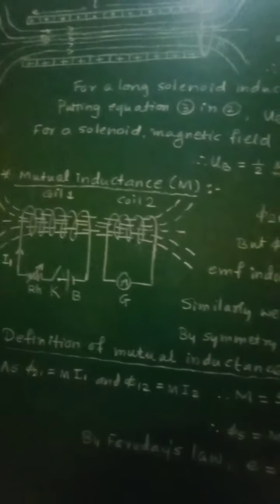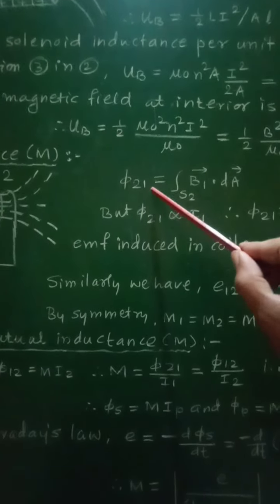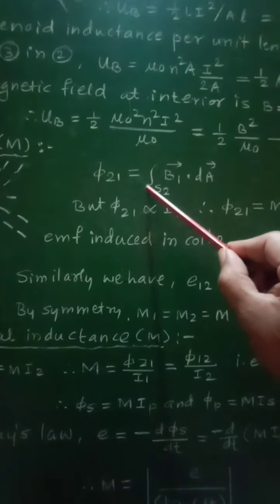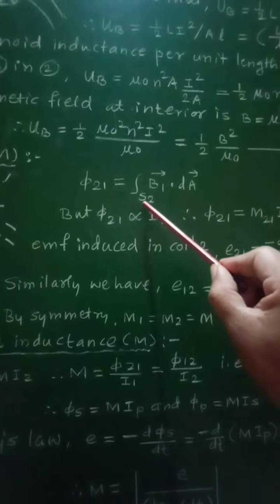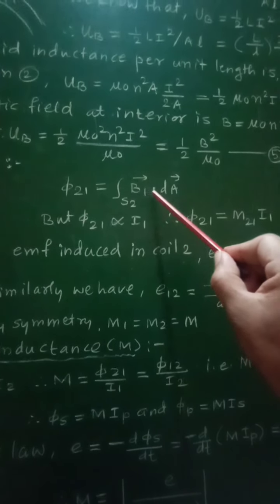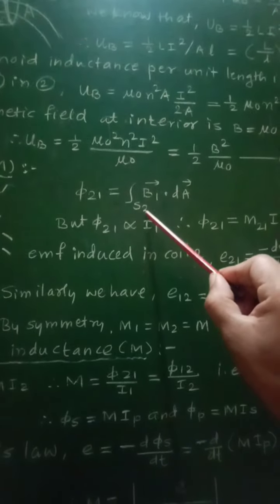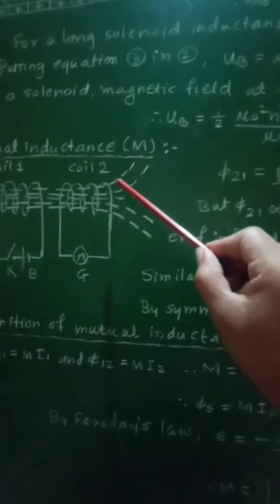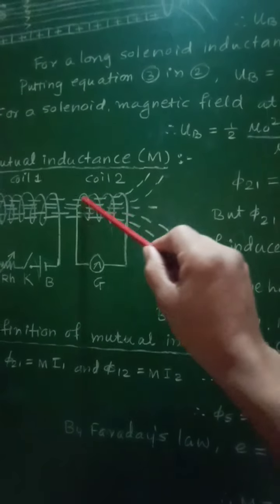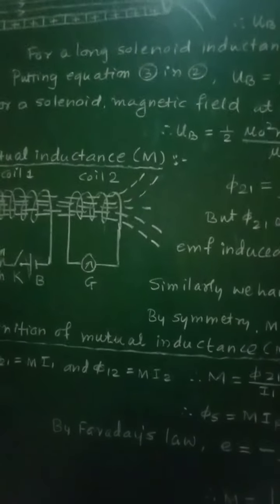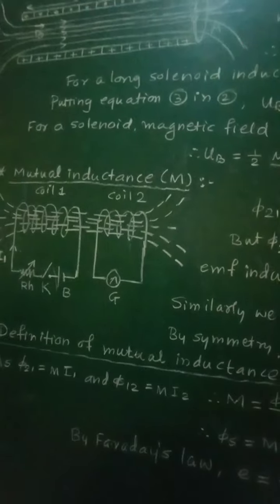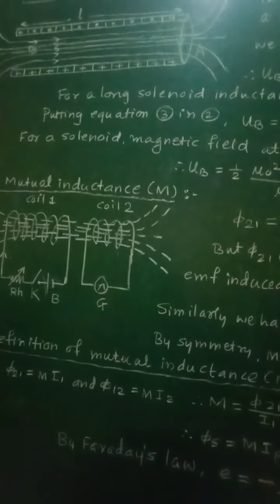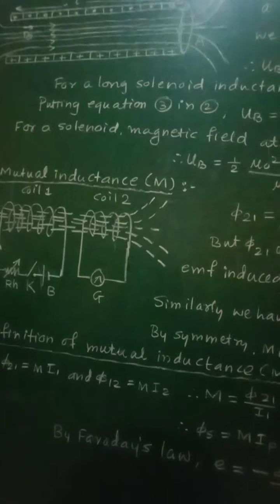and therefore this phi 21, that is the magnetic flux linked with the second coil, will be given as phi 21 equal to integration over S2 of vector B1 dot vector dA. So this S2 will represent the effective area of the coil 2, which is in magnetic field B1, and therefore S2 represents the effective surface area enclosed by that coil 2.